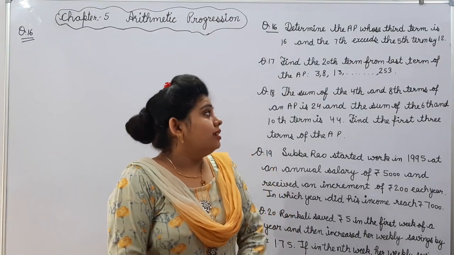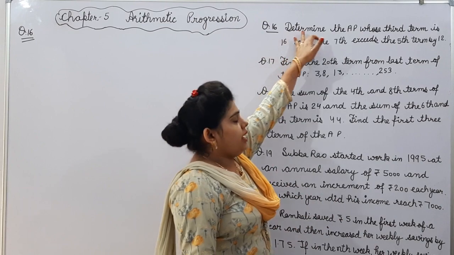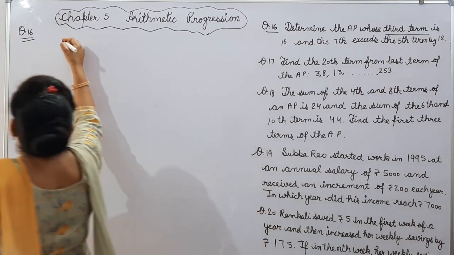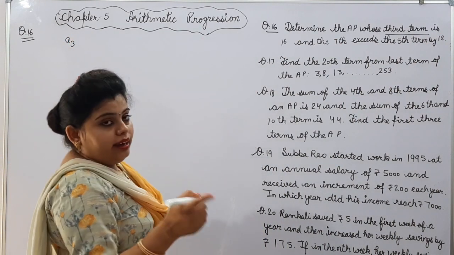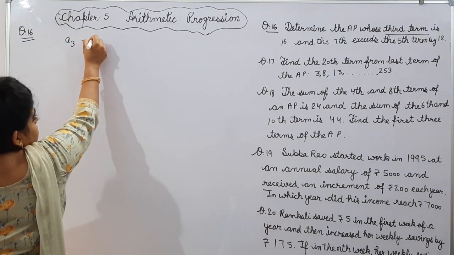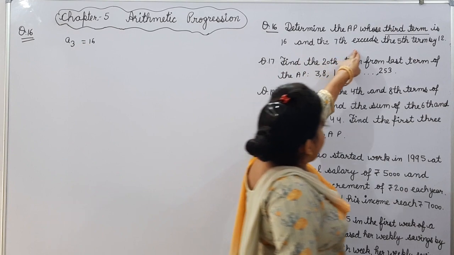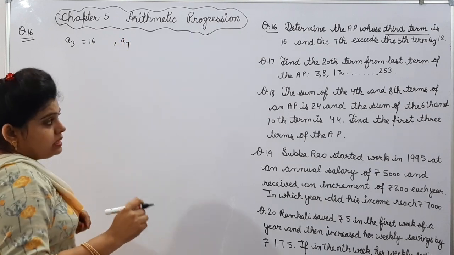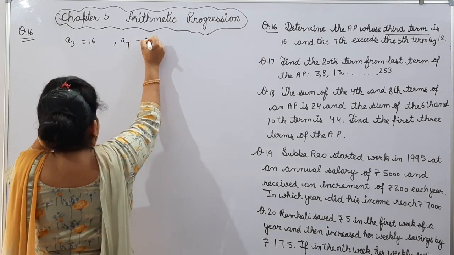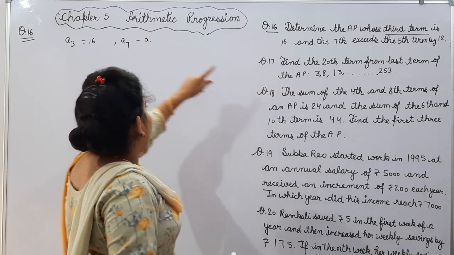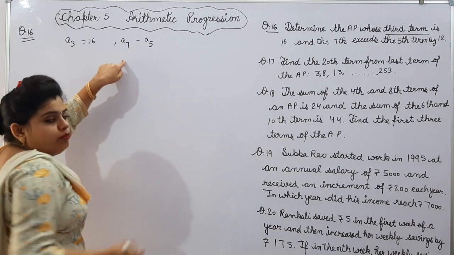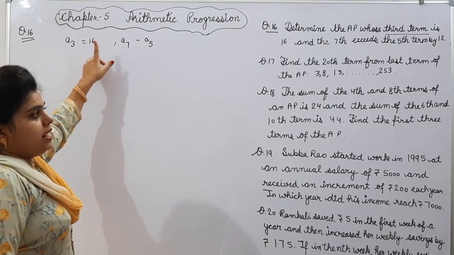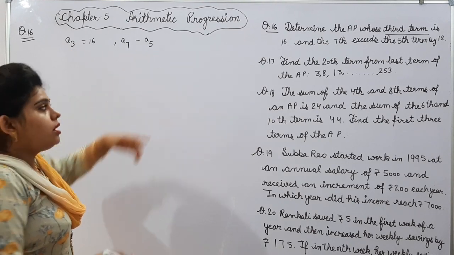Now question number 16. What is given in question number 16? Determine the AP whose third term is 16, means A3 is equal to 16, and whose seventh term exceeds the fifth term by 12. Exceeds means more, so we can subtract the fifth term, A5, from A7.